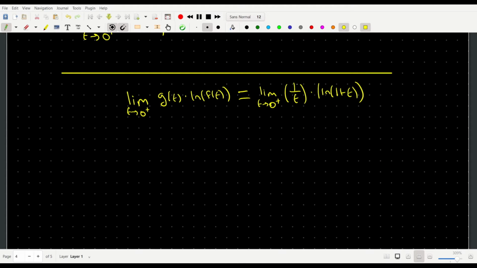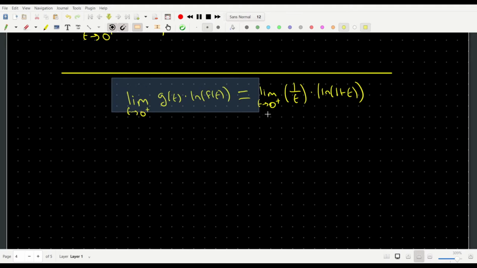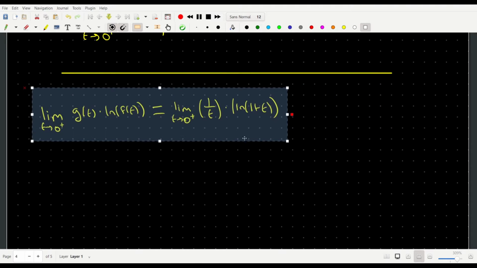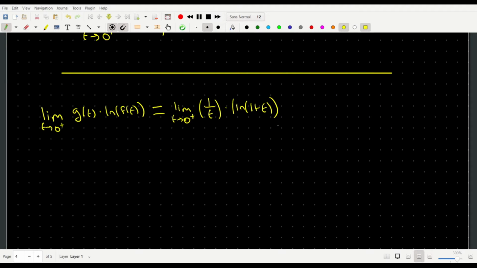And 1 over t, as t goes to 0, is infinity. And natural log of 1 plus t, as t goes to 0, is 0. So this yields an infinity times 0 indeterminate form.